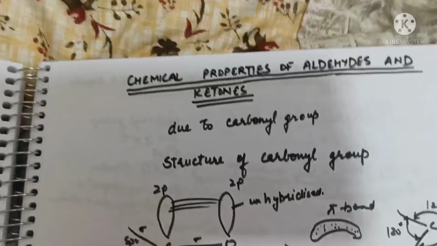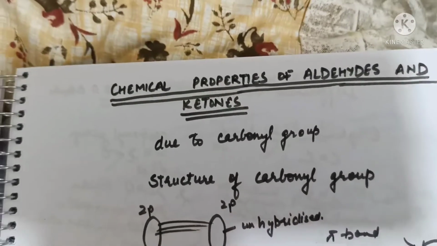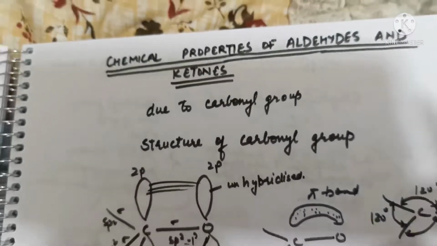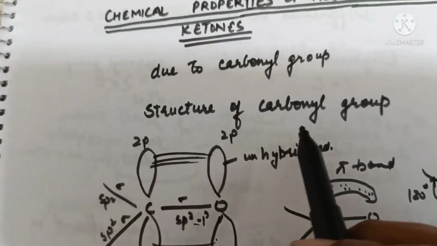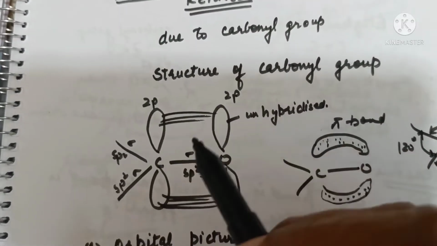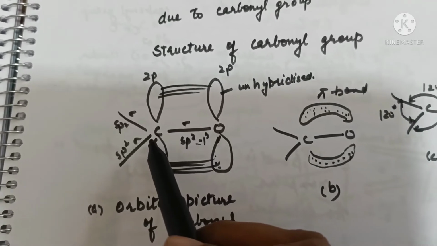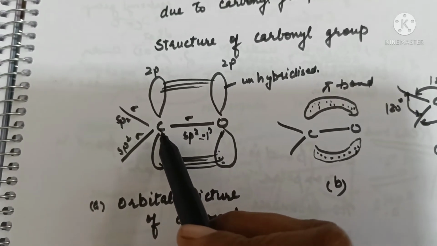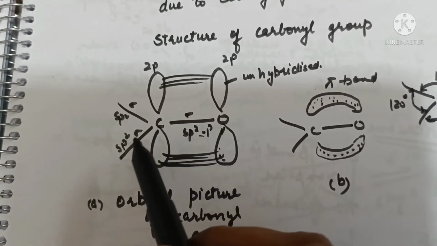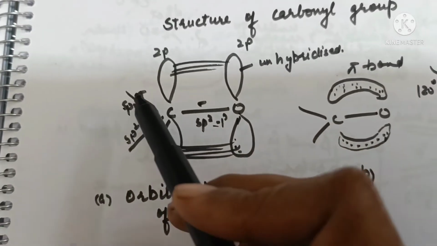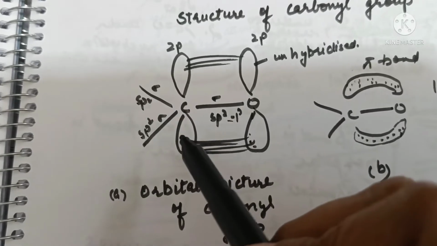Chemical properties of aldehydes and ketones. The chemical properties are due to the polar carbonyl group. So let's do the structure of carbonyl group to understand the properties. In the carbonyl group, the carbon atom is sp2 hybridized, so it forms 3 sp2 hybrid orbitals.